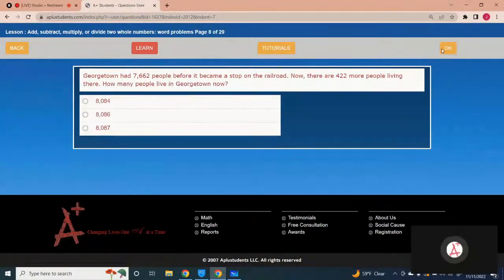Okay, the next one is Georgetown had 762 people before it became a stop on the railroad. Now there are 422 more people living there. How many people live in Georgetown now?